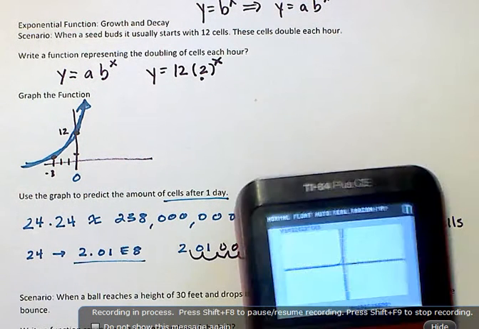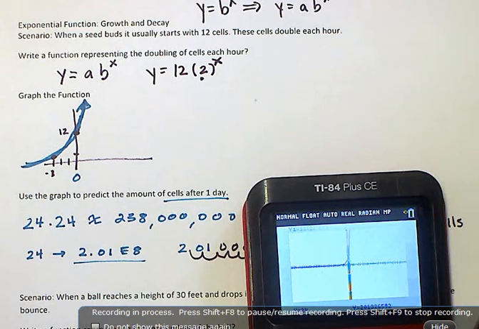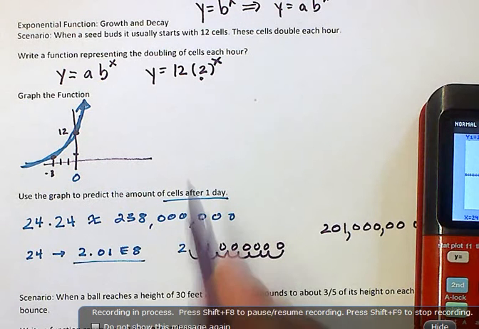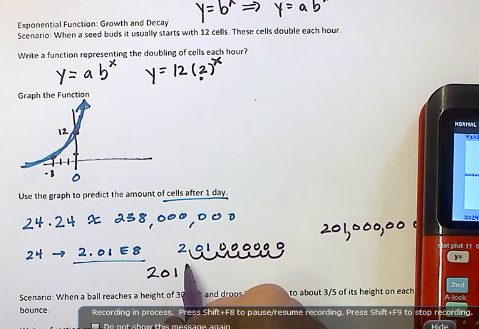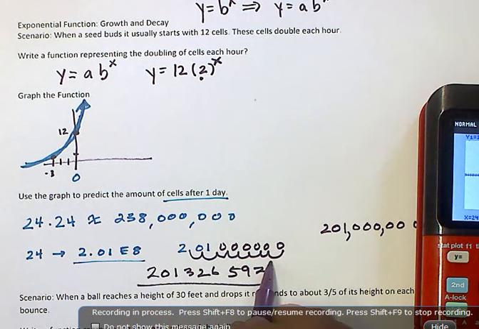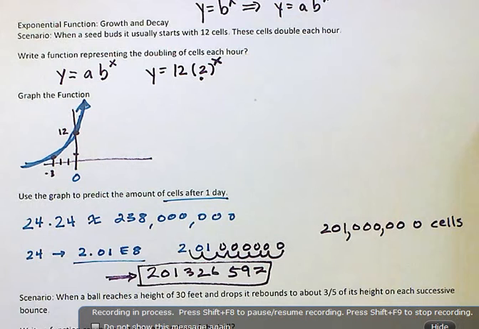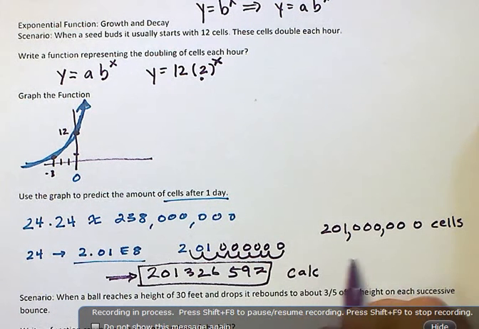When you use your second calc and you find the value exactly what you have at 24, it gives you a full number of 201,326,592. So we have a pretty accurate number here at 24. I mean, it doesn't get any more accurate than this. And we're able to do that using the calc button, which is above the trace button on your calculator here.